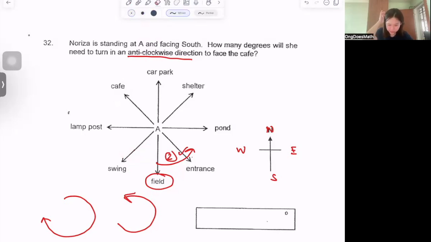Okay, so now she wants to face the cafe. Cafe is here, right? So she will need to turn this way. And how many degrees is that? So you can split it into a few 90 degrees because staying at P4 level, 90 degrees is what you are most familiar with. So you can split here, there's one 90 degree.